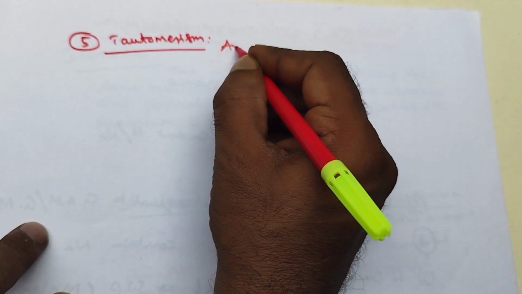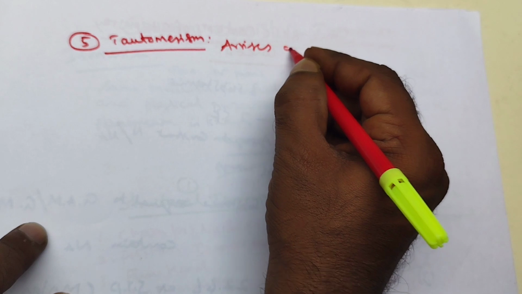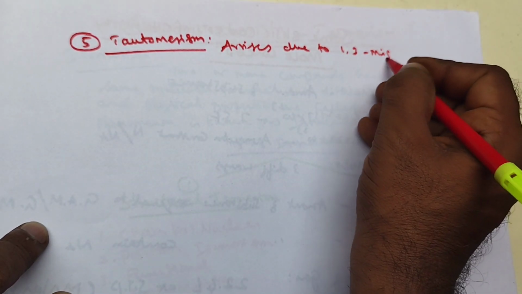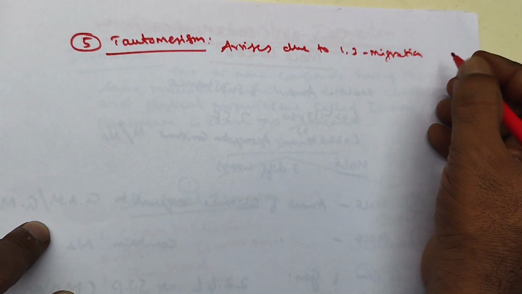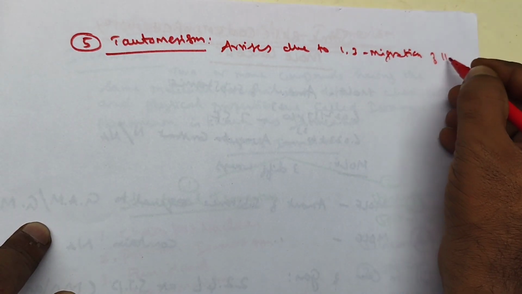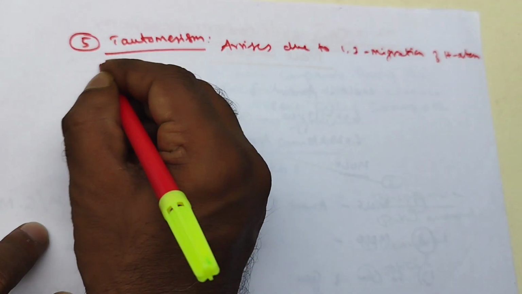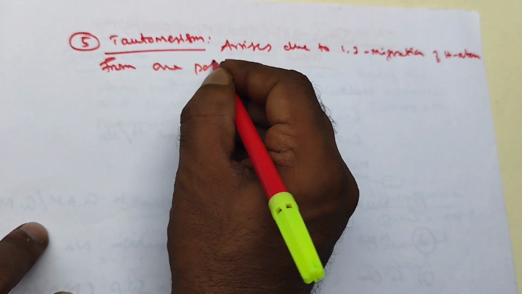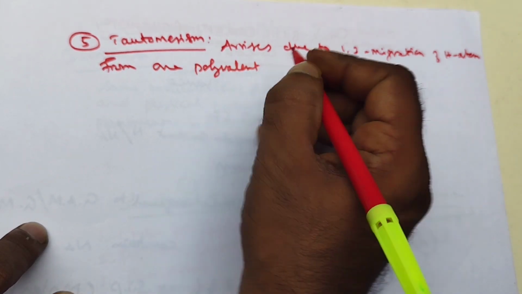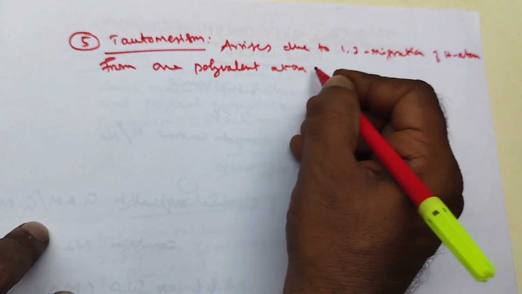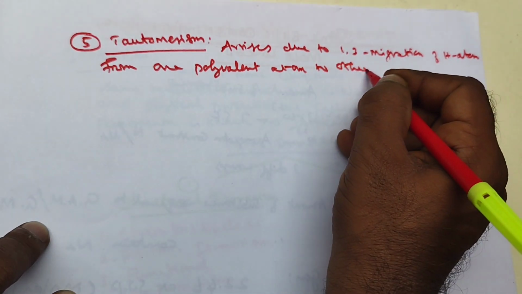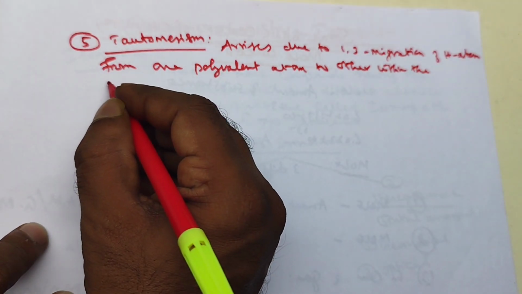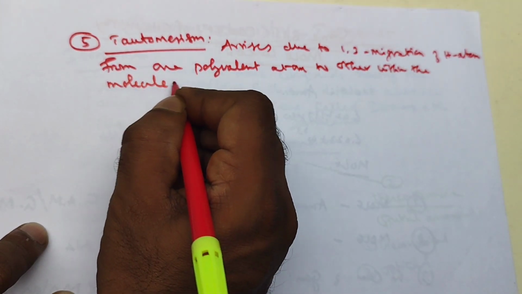Tautomerism arises due to 1,3 migration of a hydrogen atom, a 1,3 shift, from one polyvalent atom to another within the molecule itself.